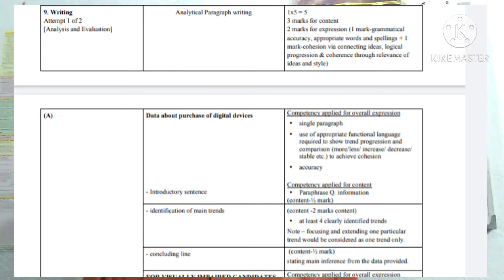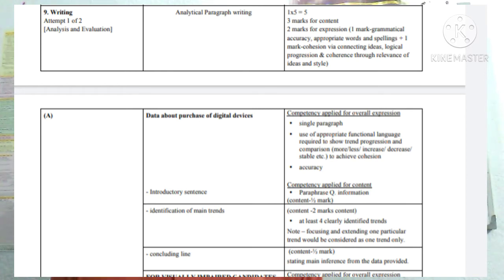The content itself is then again further divided into the introductory sentence carrying half marks, the main part where we have to identify the trends, at least 4 trends we have to give, it carries 2 marks, and then the last concluding sentence, which will carry half marks again, right?